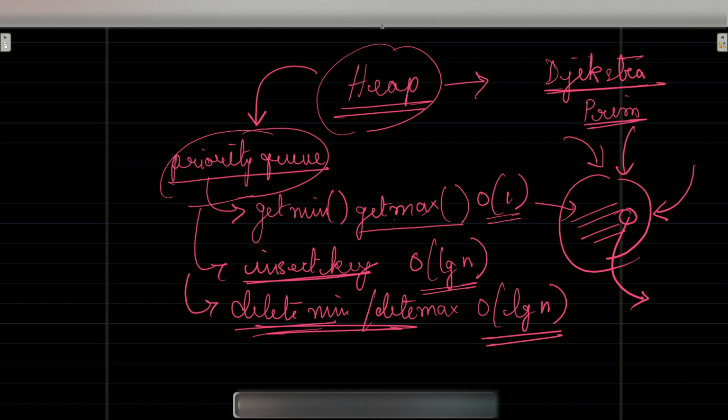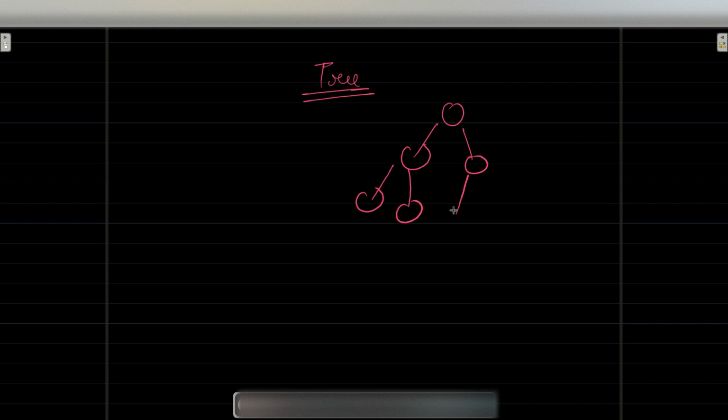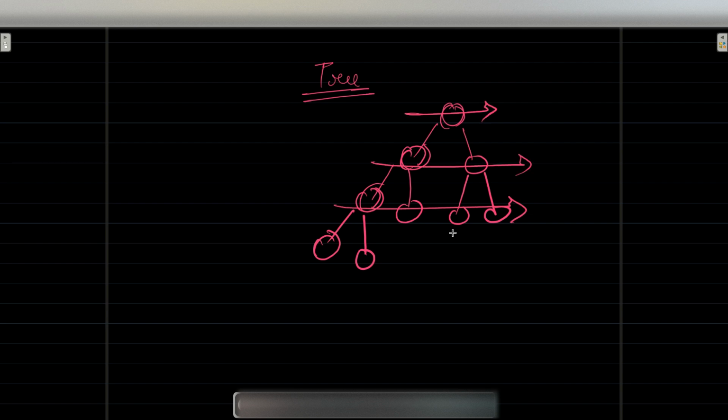So coming to what a heap is. Well, a heap is nothing but a tree, but it is not any tree, okay? It's a binary tree, and a special one at that. Not just a binary tree, it's a complete binary tree. So what is a complete binary tree? A complete binary tree is a binary tree which has all of its levels fully filled except for the last one.